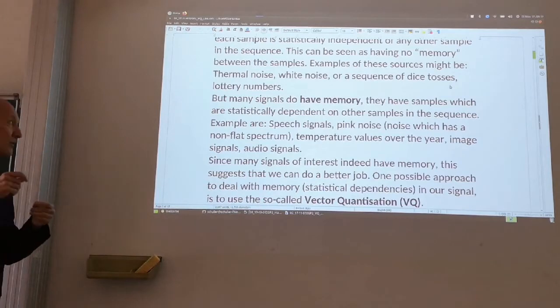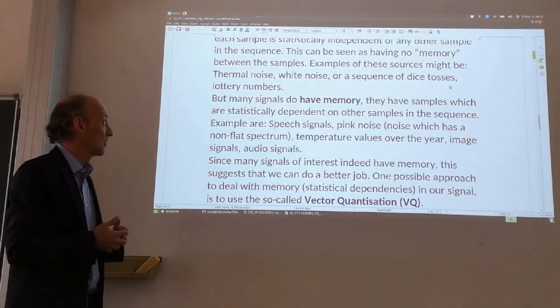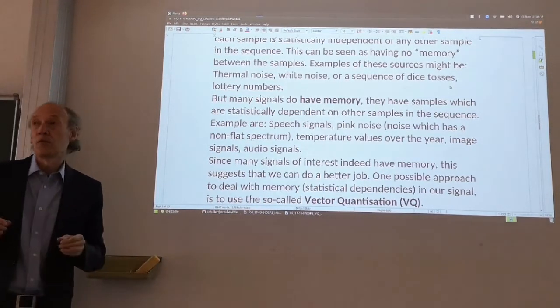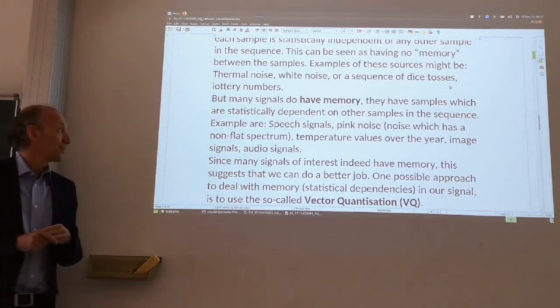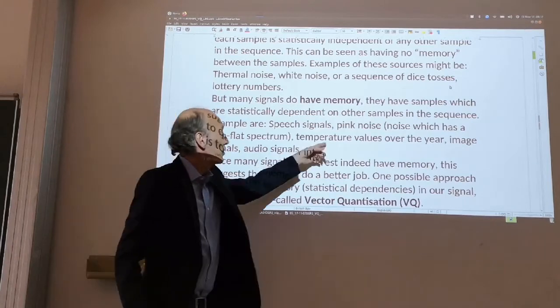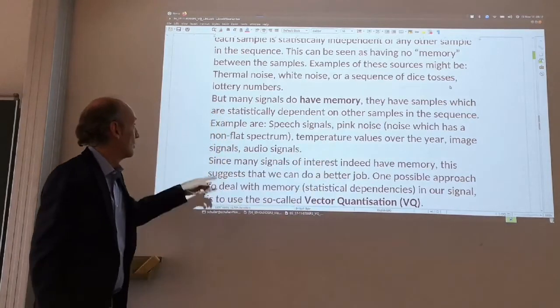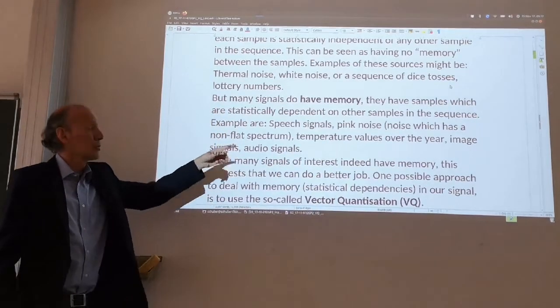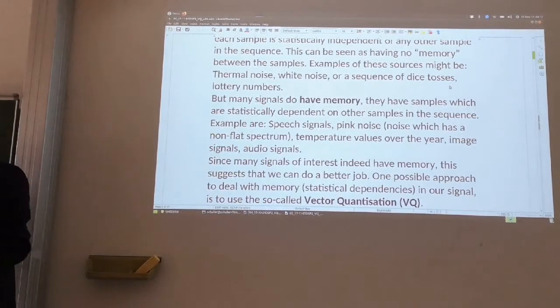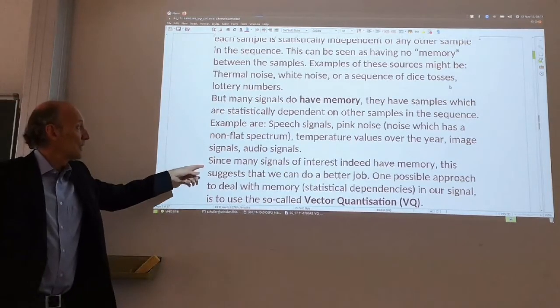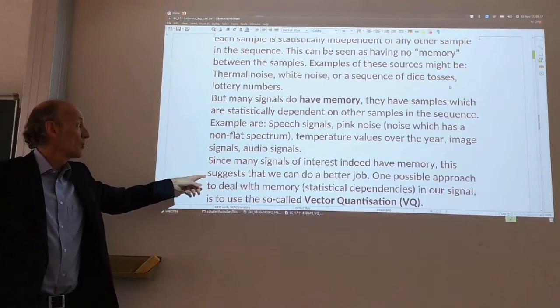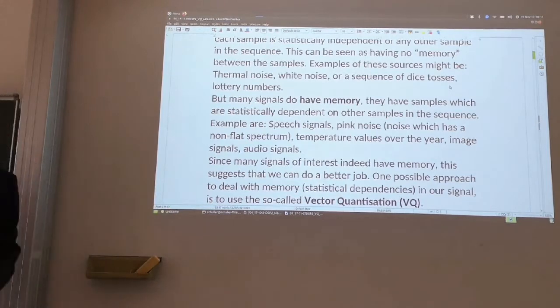We have relationships among each other, and that's because our impulse response has memory. Or temperature values over the year, or image signals, or audio signals. They all have dependencies between neighboring samples. So since many signals of interest indeed have memory, this suggests that we can do a better job in quantizing.